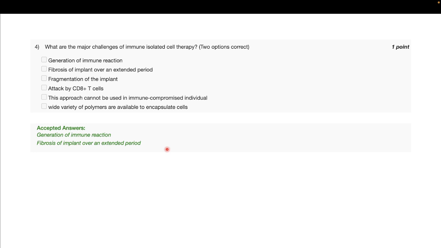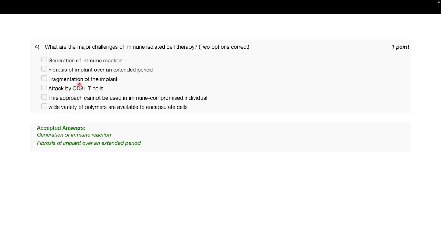It will completely isolate it, and then a lot of proteins that are present around will start adhering on this particular implant, and it will lead to fibrosis of that implant. In that case, you have to remove it because it's not a very good condition. So these are the major challenges of immune isolated cell therapy.